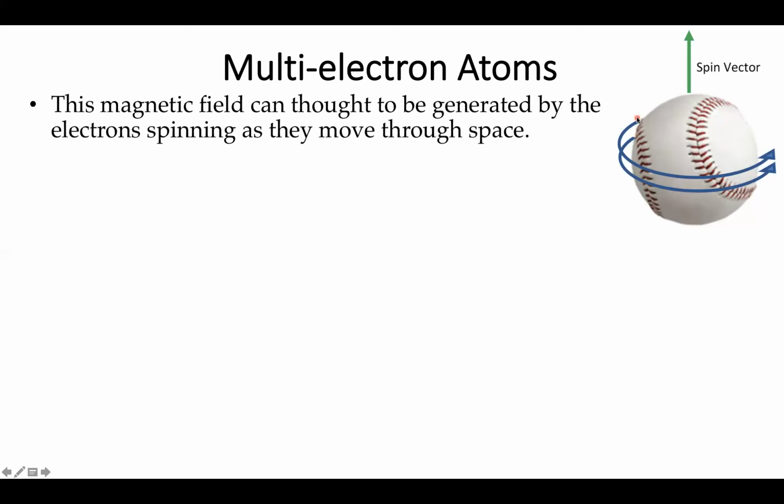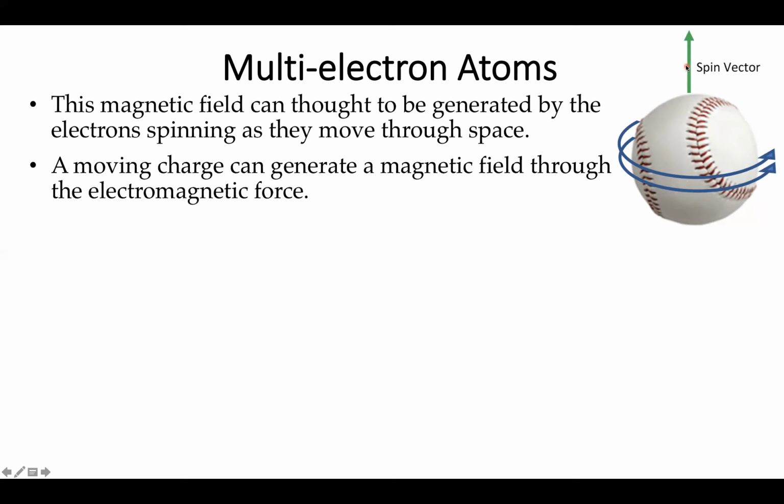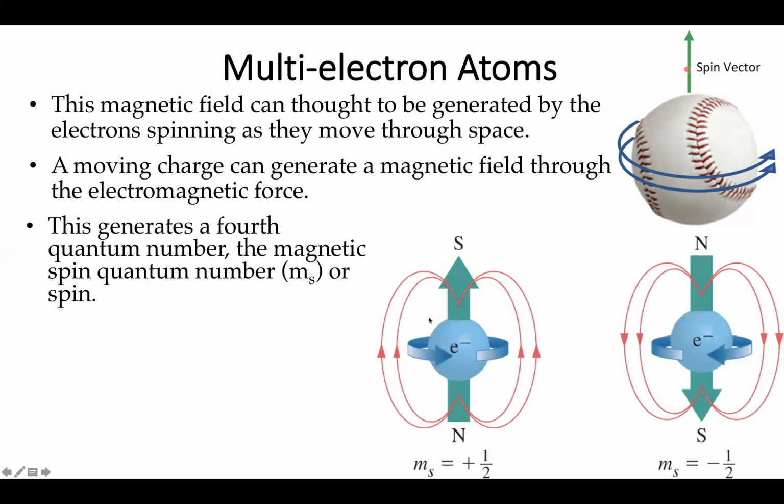So think of it like a baseball. As it spins round and round, it generates this additional force. In the electron's case, that's a magnetic field. And this magnetic field can be pointed in one of two directions, because they can either be spinning clockwise and generating a magnetic field pointed up, or spinning counterclockwise and generating a magnetic field pointed down.